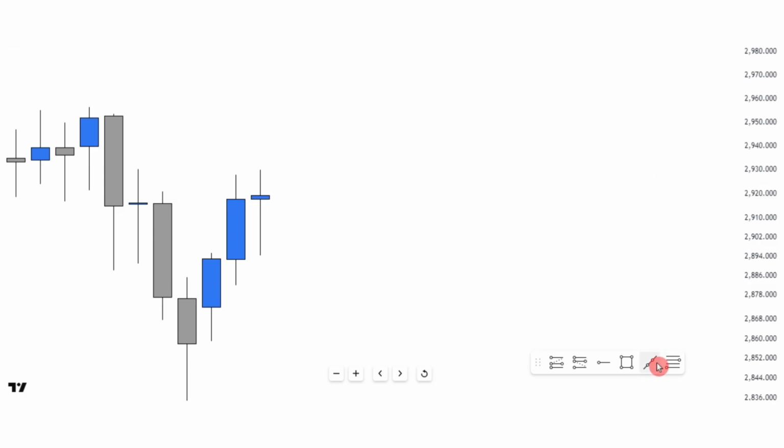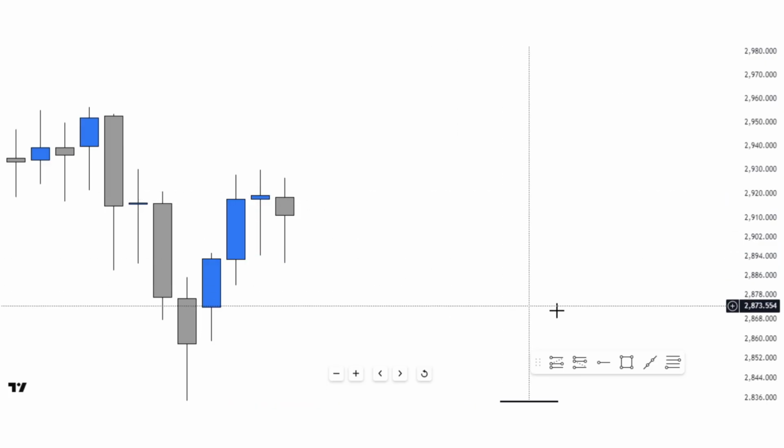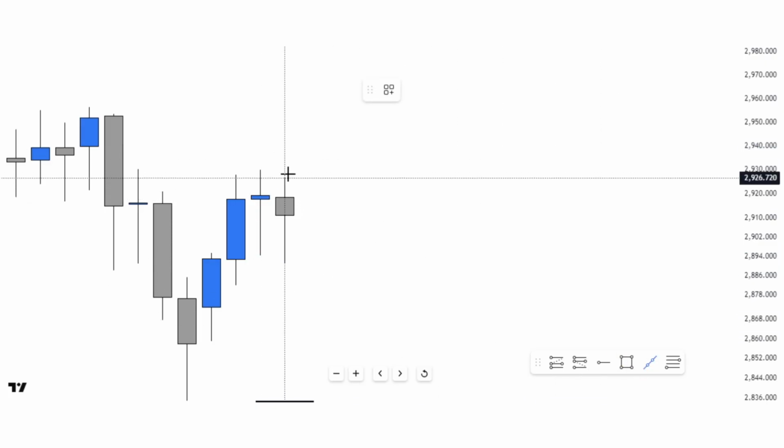Now, where are we looking for price to go next? Looking for price to go right to this prior day low and either close below it or close above it. And what does price do? Price wicks into this prior day low and then it closes above it, giving us a confirmation that price is likely to head up next to this prior day high.